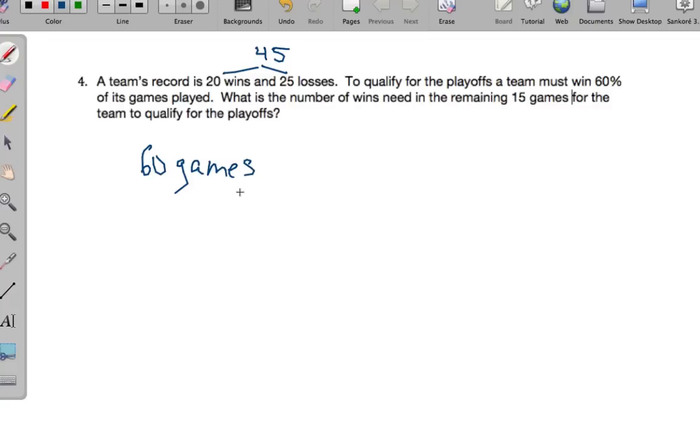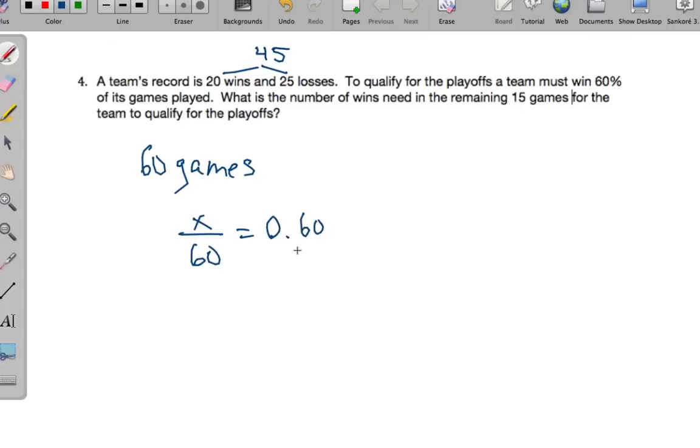Okay, so what are we going to do now there, Mr. Cole? Okay, I guess we need to figure out what out of 60 is going to give us 60%. All right, so x out of 60 is going to be 60%, and we show that by 0.60.